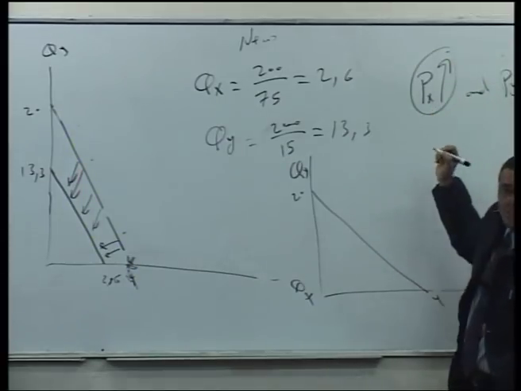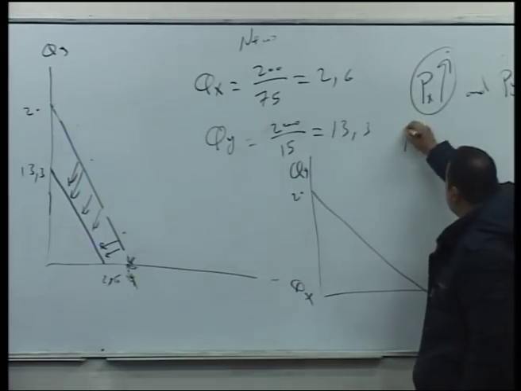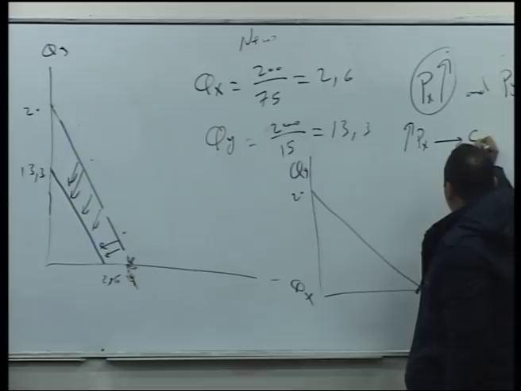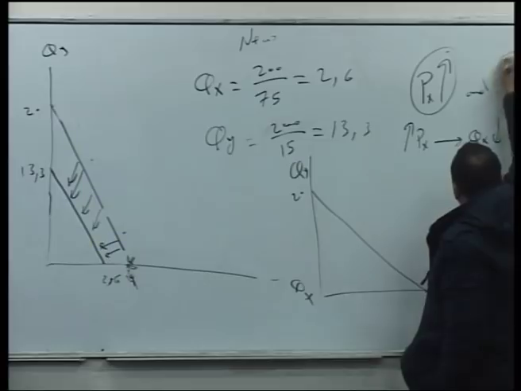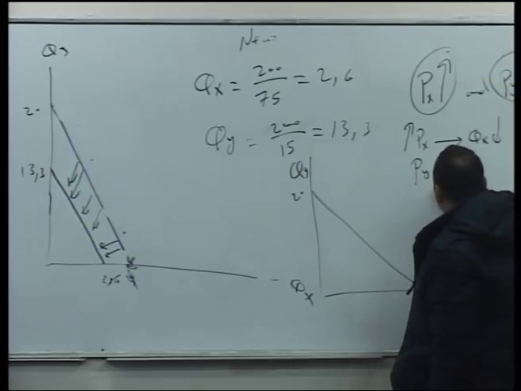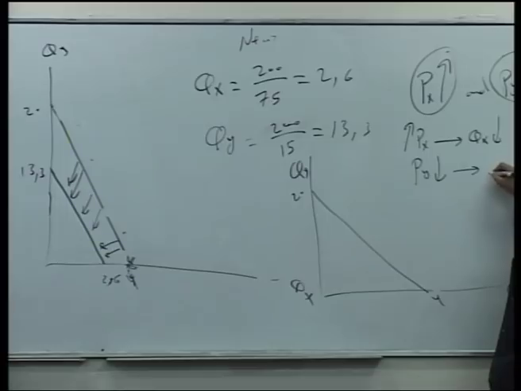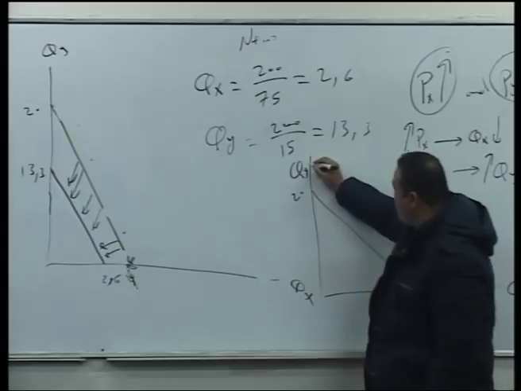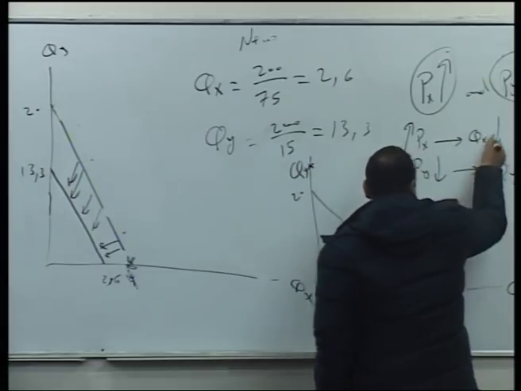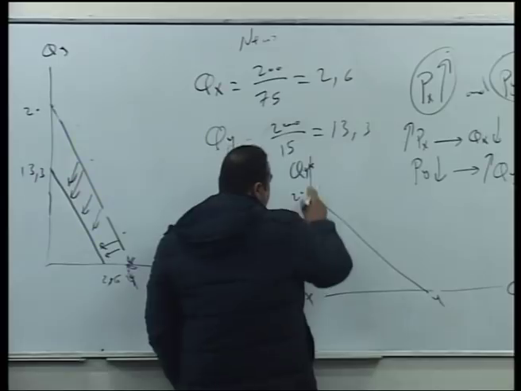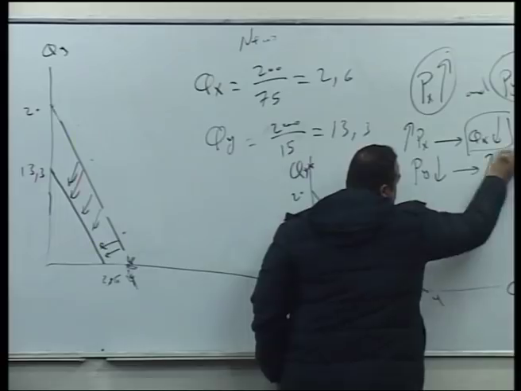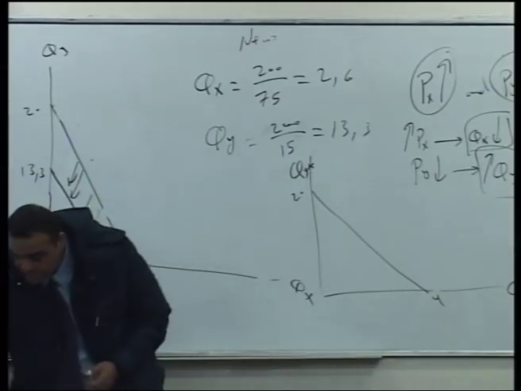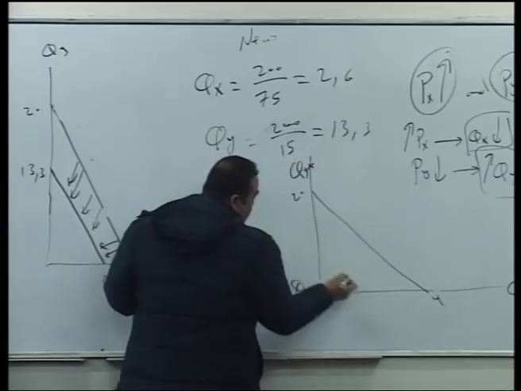What about the price of Y going down? The quantity of Y increases. So this one goes down and this one goes up, right?